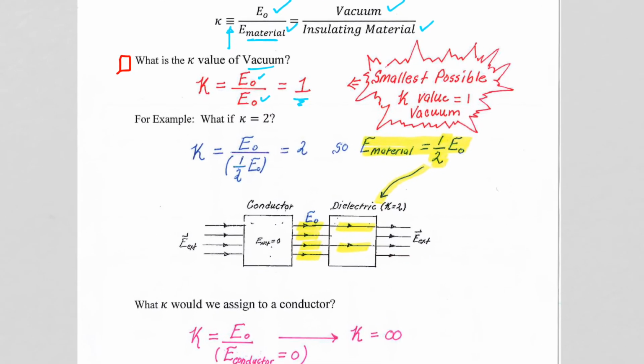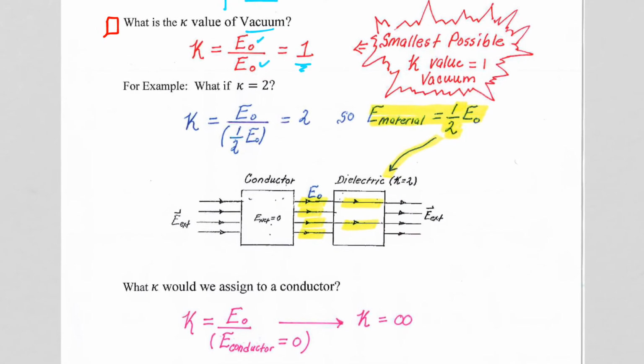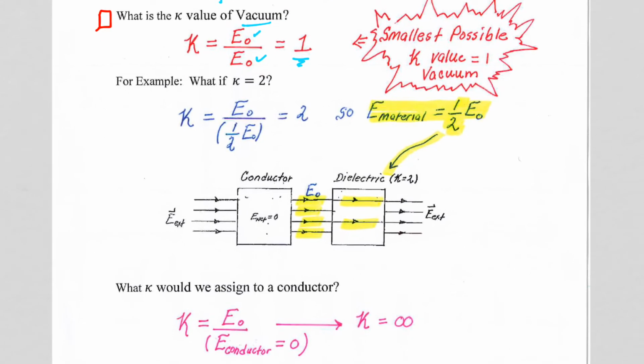So what if we have a dielectric constant of 2? This one we've already talked about a little bit, but let's see in terms of our new equality by definition what it means. Well, if the dielectric constant is 2, that means that the material that the electric field is going through must have an electric field value of 1/2 that of the electric field in vacuum, because the electric field in vacuum is on top, and that's where our 2 comes from.